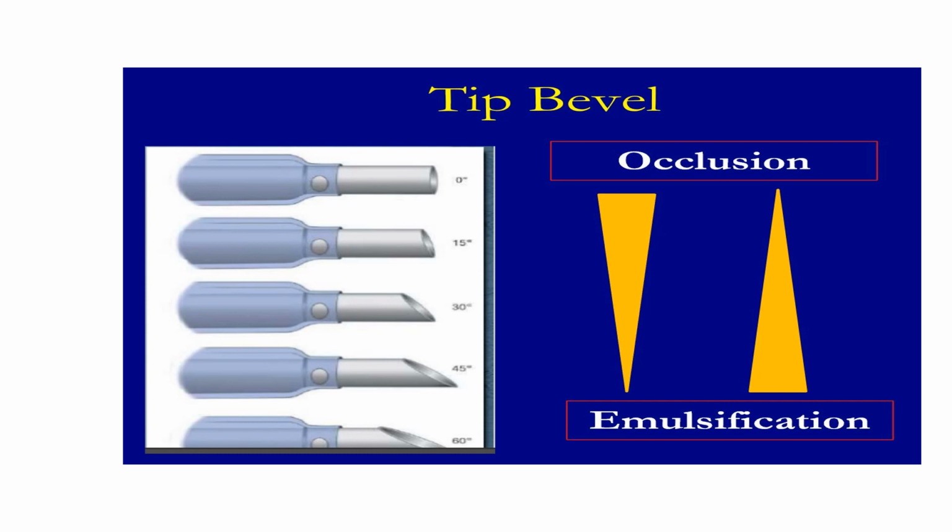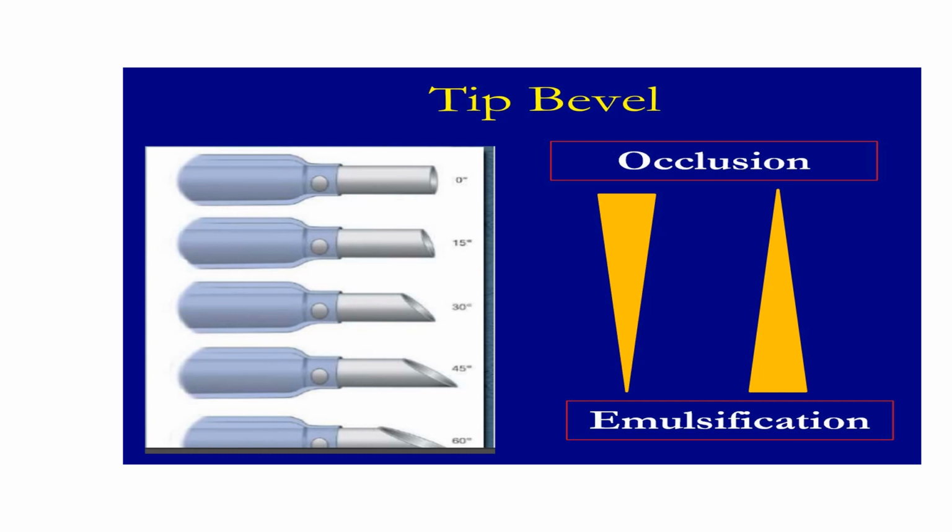Hence, a 0-degree tip is easier to occlude but will generate less holding force than a 30-degree tip or a 45-degree tip. I repeat, a 0-degree tip is easier to block with nucleus material, but will generate less holding force than a 30-degree or a 45-degree tip.